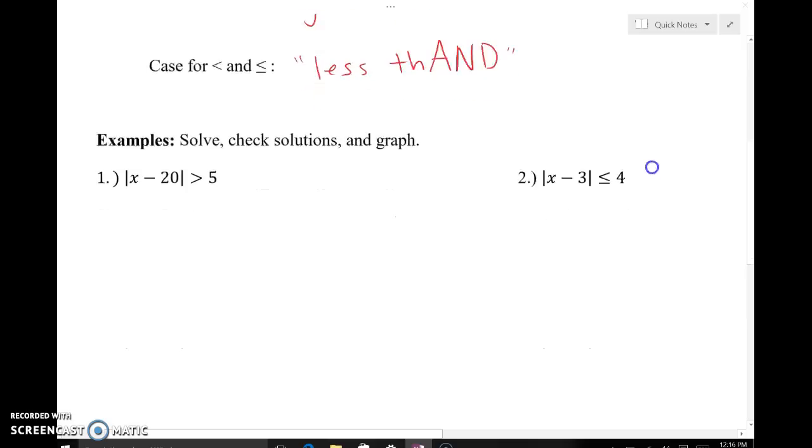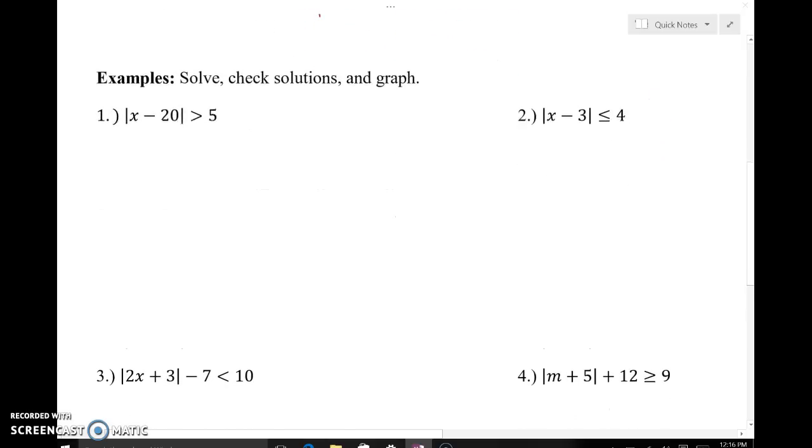All right, getting right into it. Example 1, that is a greater than problem. So this is going to end up being an or problem. Now, or problems, when we solve them, you're going to end up with a solution that looks something like an answer going to the left and an answer going to the right. So two different parts.